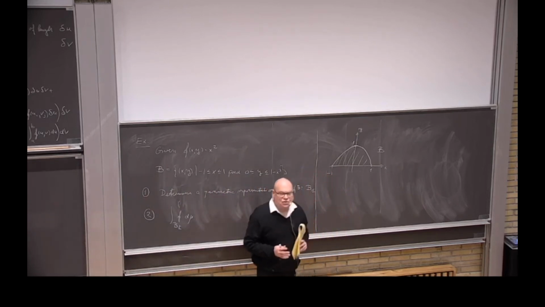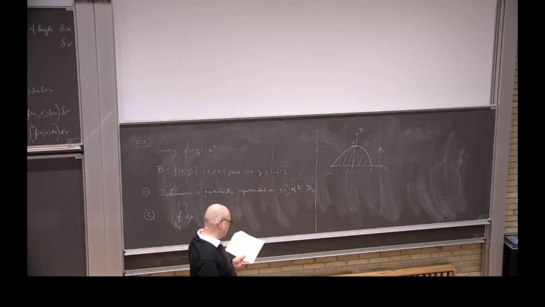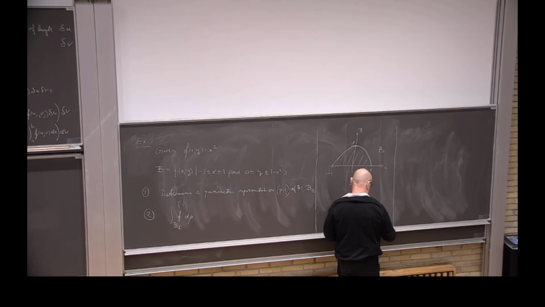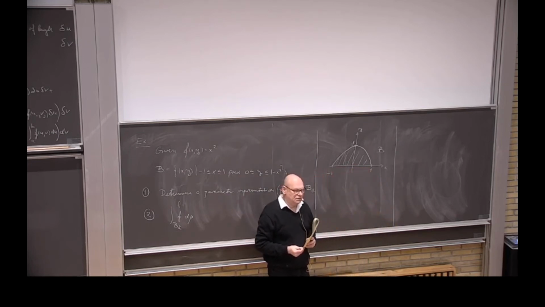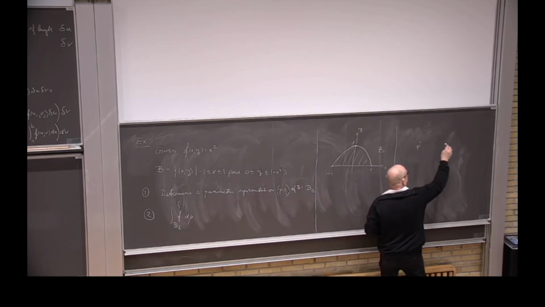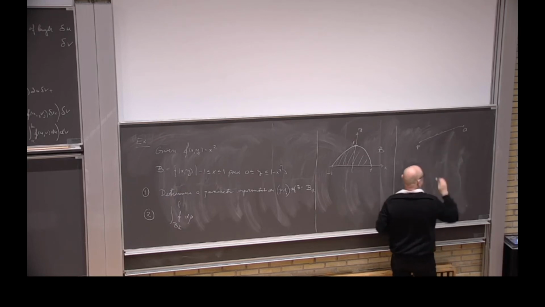In order to do so, I need a parametric representation of this field. And how do I do this? Well, the first thing I would like you to understand is how you parameterize a line segment. That is, if you have a segment from P to Q, how is this parameterized?